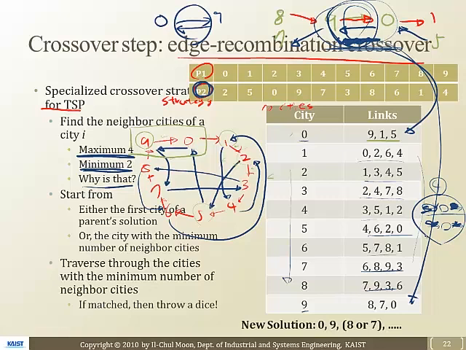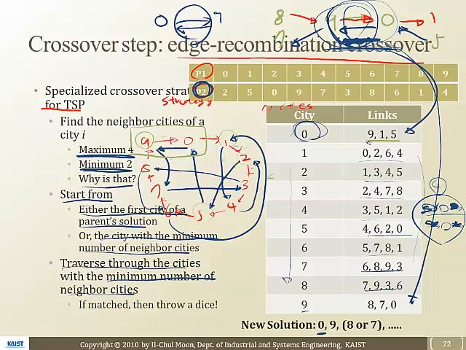Okay, then this edge recombination crossover works like this. It starts from either the first city of a parent solution, for example city 0, or the city with the minimum number of neighbor cities. Here, again, city 0. We select city 0 as our first city to visit in our new solution. Then we traverse to the neighbor with the minimum number of neighbors.